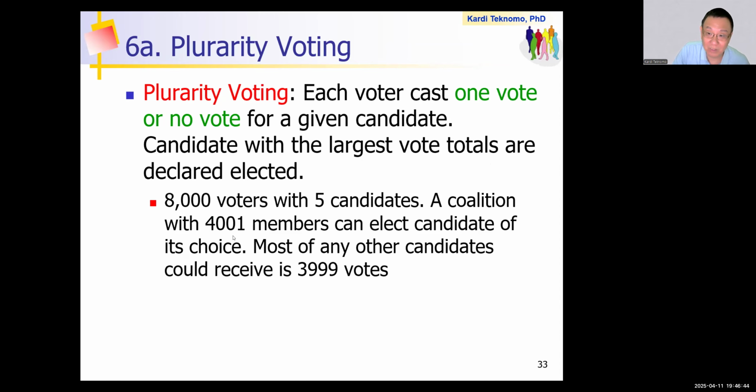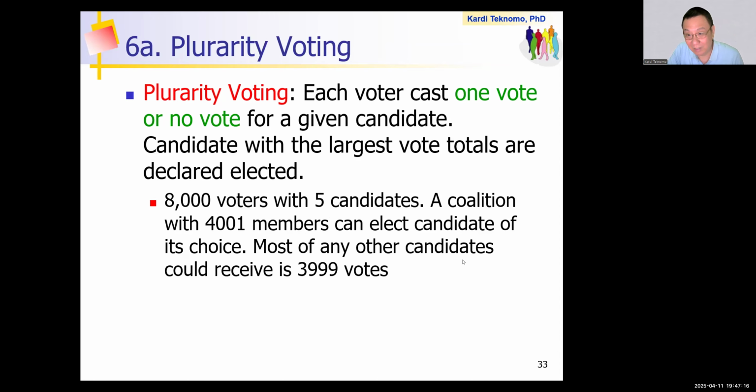If you can create a coalition of 4,001 members, that means half plus 1, then you can select any candidate by your own choice based on the plurality rule.